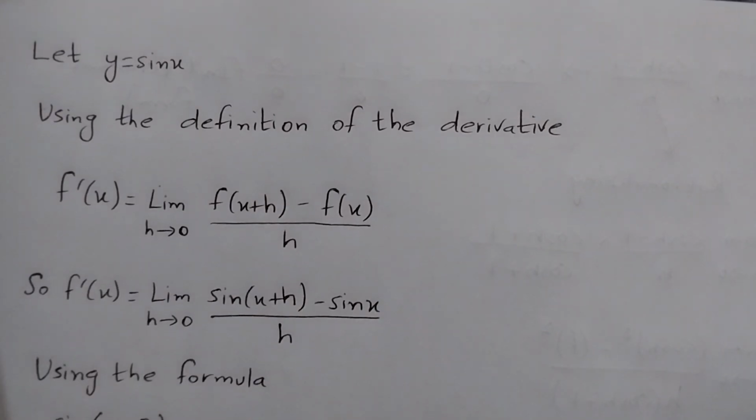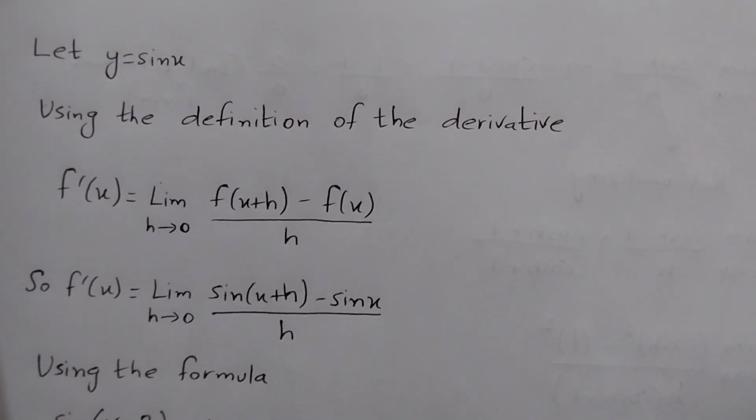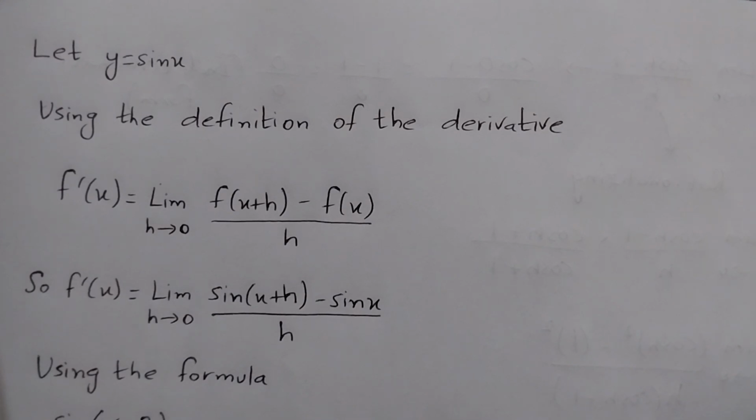So firstly you need to write f of x plus h, and that means that you need to replace x with x plus h in the function, and here the function is sin of x, so this becomes sin of x plus h as I have written.